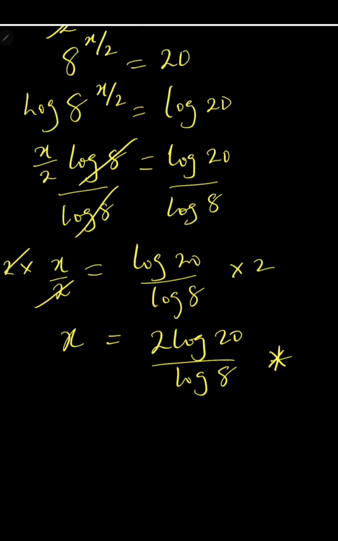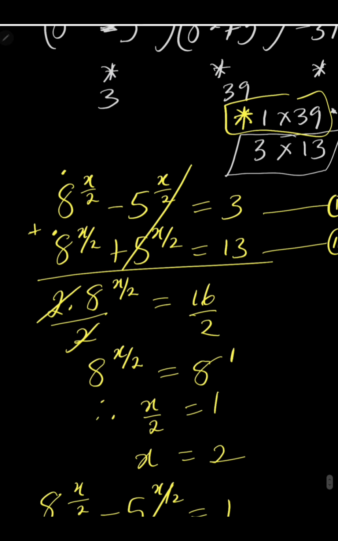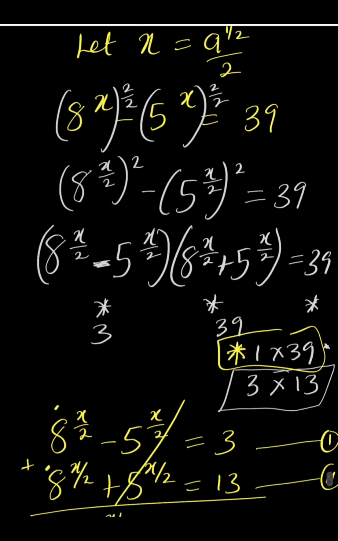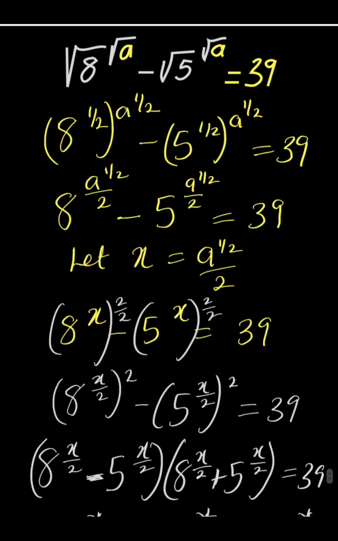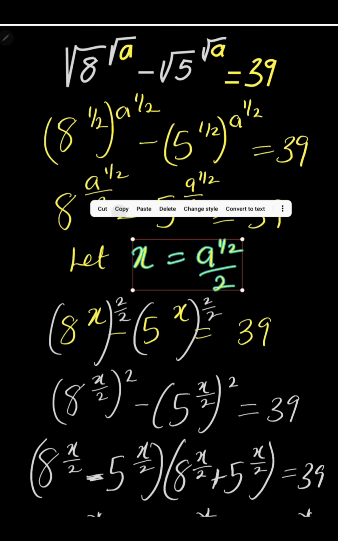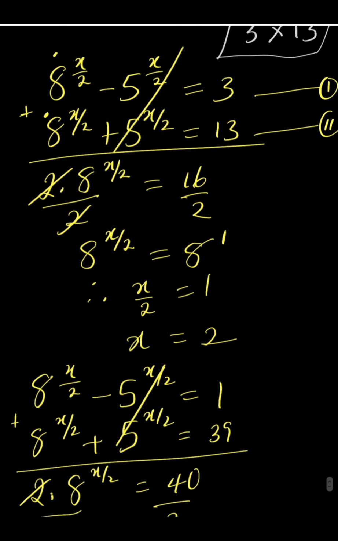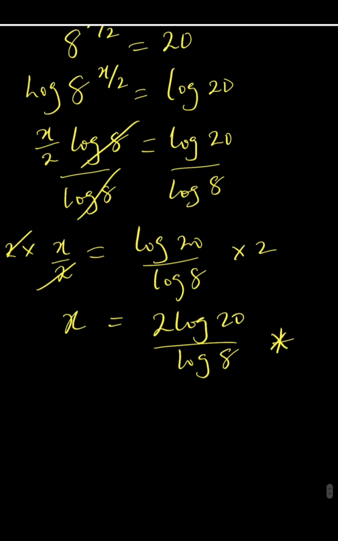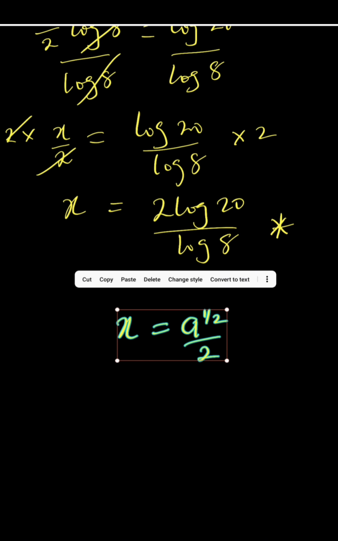But you know, we are not looking for just x. If you go back to the original equation, the equation is in a. We need to get the value of a. From here, we had that x is equal to a power half over 2. So let's copy and come down here.